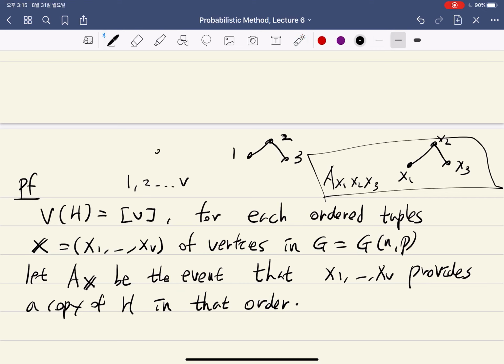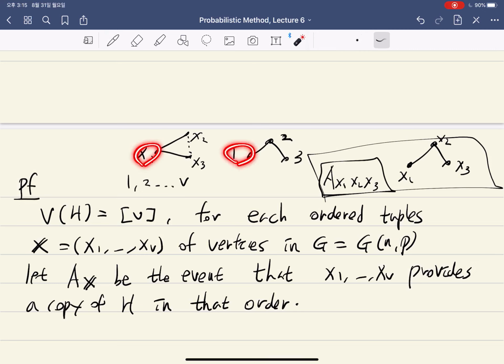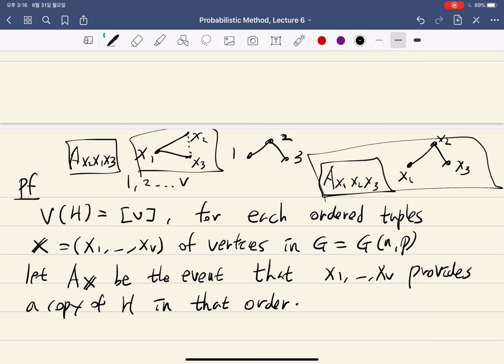If we have x1, x2, x3 and there is no edge between x1 and x2, then we say that this didn't hold, because there should be an edge between x1 and x2, and between x2 and x3. So A_{x1,x2,x3} didn't happen, but A_{x2,x1,x3} did happen, because x2, x1, x3 actually form a copy of H in that order.